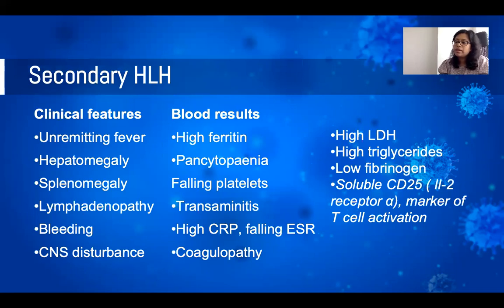Talking about the cardinal features of secondary HLH, they include unremitting fevers, hepatomegaly, splenomegaly, lymphadenopathy, bleeding, and central nervous system disturbance.